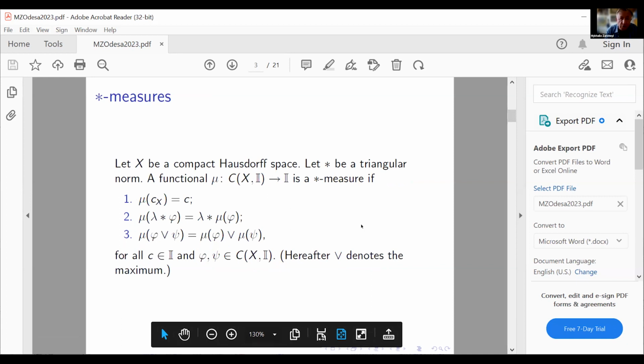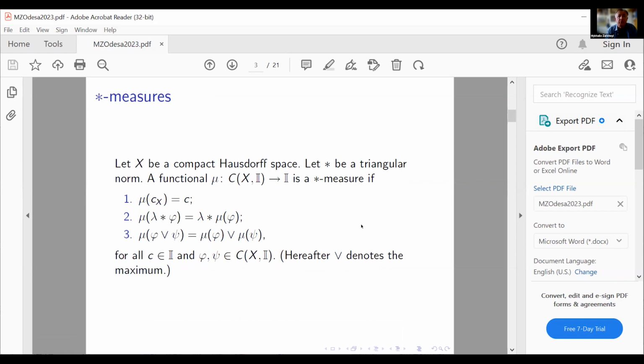Given a triangular norm, we define the following notion. Let X be a compact Hausdorff space. A functional mu, which acts on the set of continuous functions from X to I, and whose values are in I, is called a star measure if the following holds.